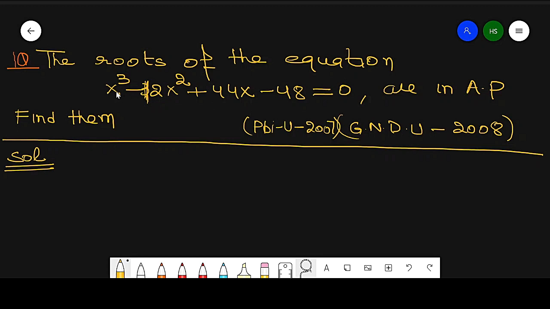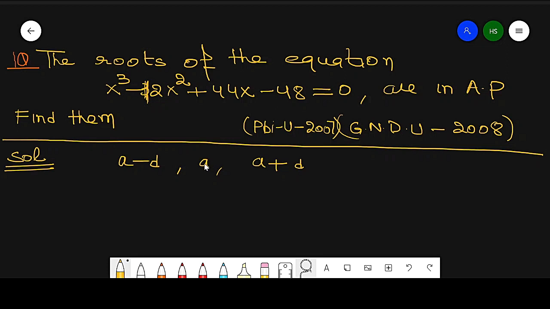So it has 3 roots. If roots are in AP, the roots are of this kind: a minus d, a and a plus d. So these are the roots of the cubic equation. If I take the sum of these 3 roots, then I can find the value of a.